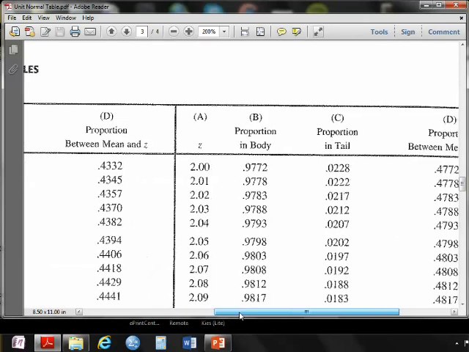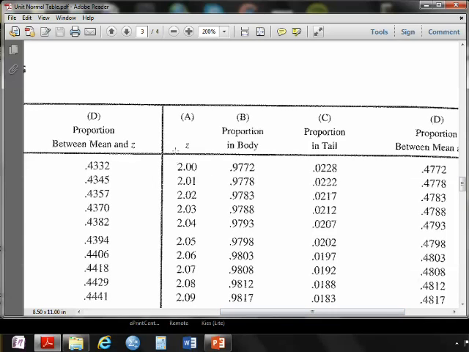Now we kind of know this from our previous one, but we want to know what's the chance that we are going to get a sample mean. So this is different from what we did in chapter 6: a sample mean that is greater than 35. We had a z-score of positive 2, so we look at the tail, and we'd have a probability of 0.0228, or a 2.28% likelihood that we are going to select a sample mean that is 35 or higher.